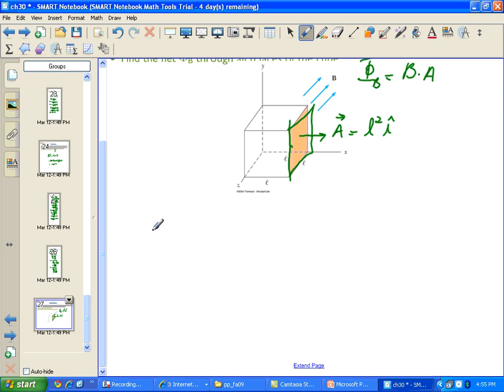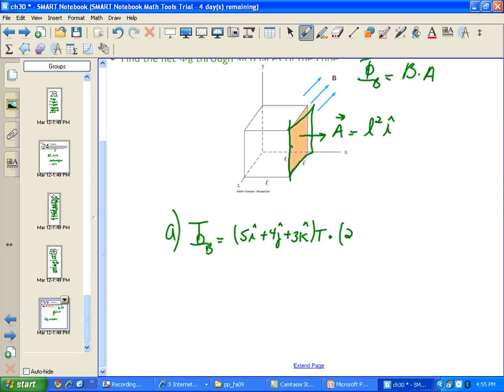For the first part, we take the dot product of B. Our B is 5 i hat plus 4 j hat plus 3 k hat Tesla, dotted with 2.5 e to the minus 2 meters squared in the i hat direction.